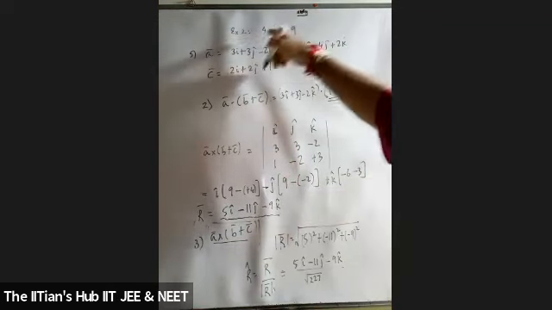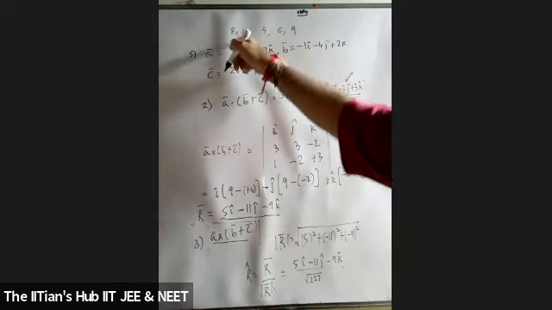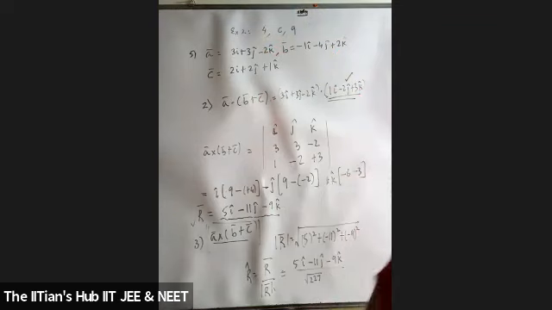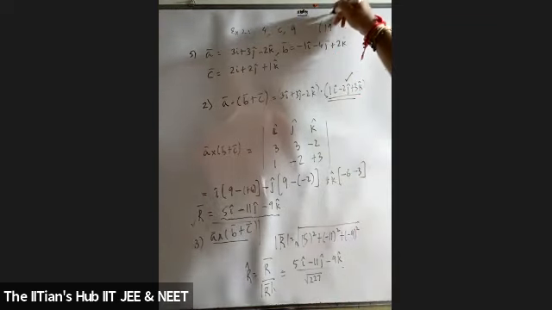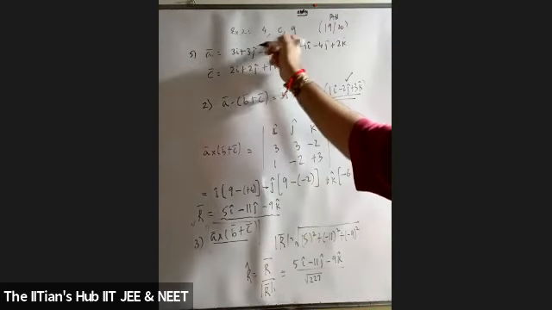Right now, 4th, 6th, and 9th. Which one? Exercise 2. Students getting it? Page number 19 and 20. Is this clear, students? 4, 6, 9.